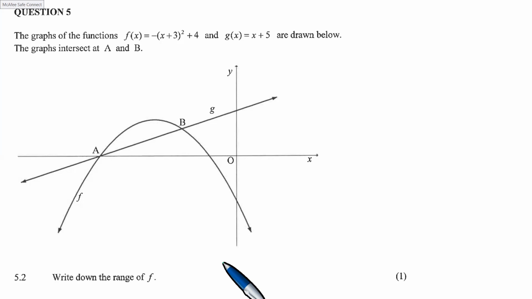Okay. All right. Right. This is too difficult, this one. Because I'm not getting an answer from any of you guys.